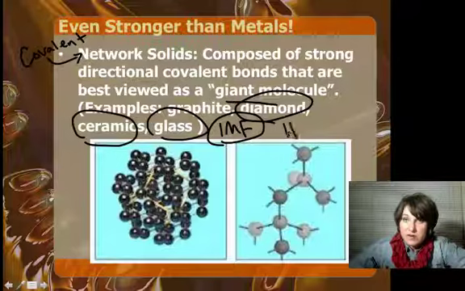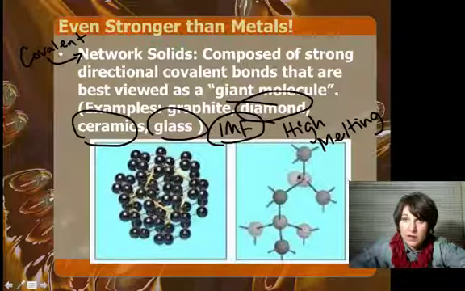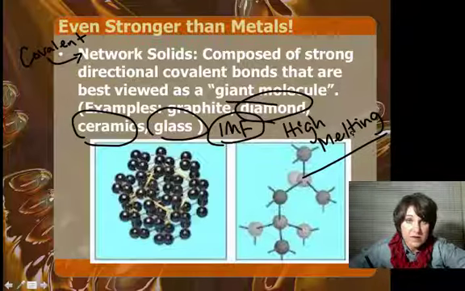So this results in very high melting points. In fact, when steel is being manufactured, they rely on the high melting point of ceramics to be able to contain molten steel.